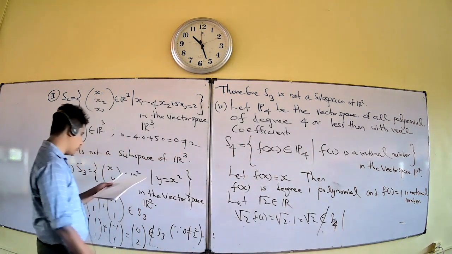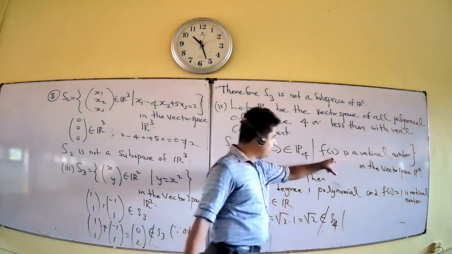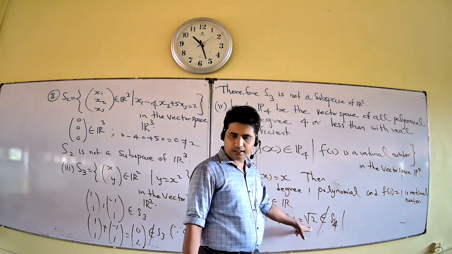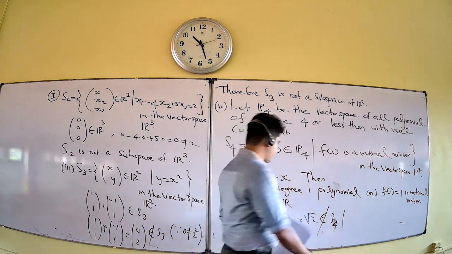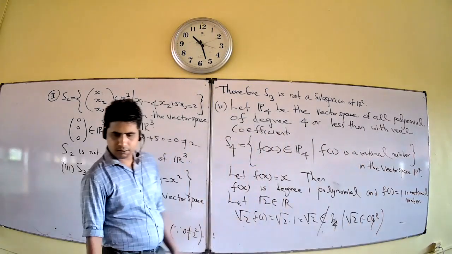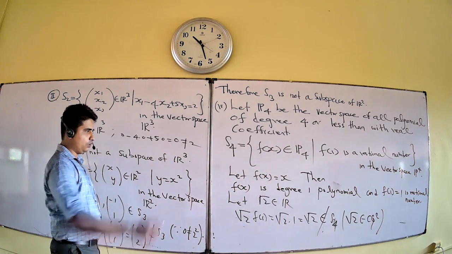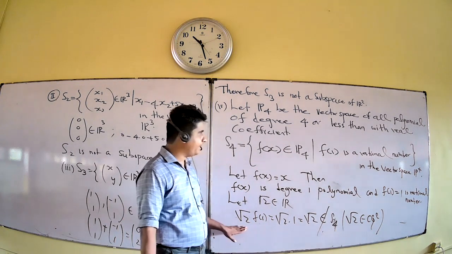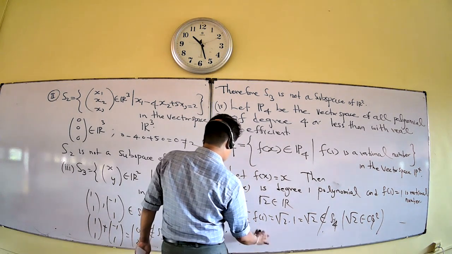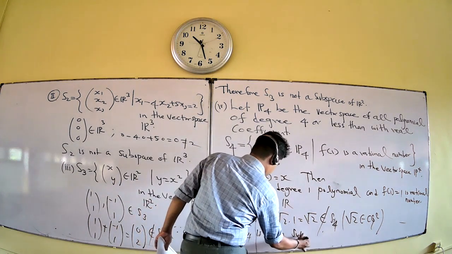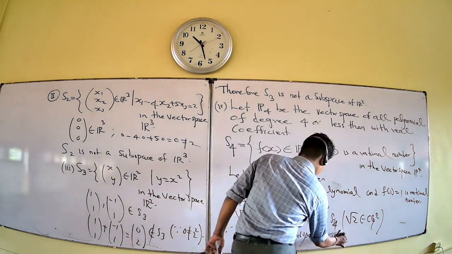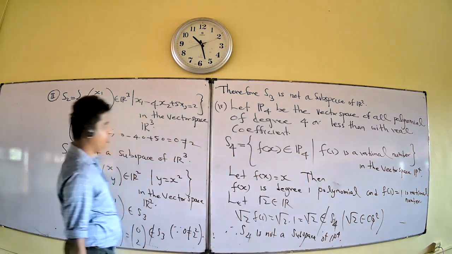Because here f(1) must be a rational number, and root 2 is an irrational number, it belongs to Q complement. Therefore, this scalar multiplication is not satisfied. Therefore, S4 is not a vector space. Therefore, S4 is not a subspace of P4.